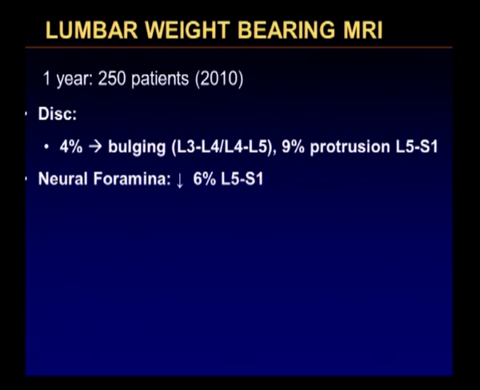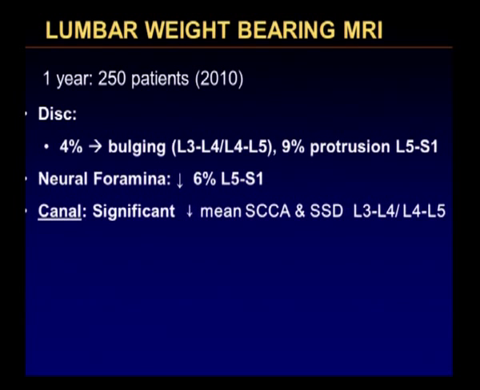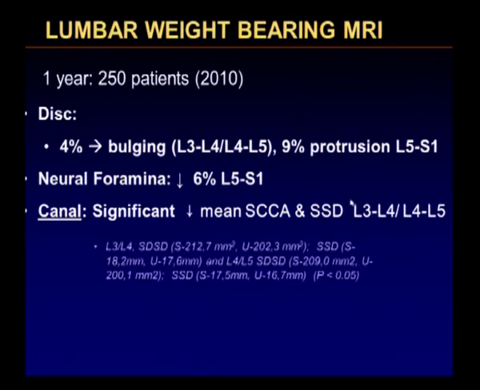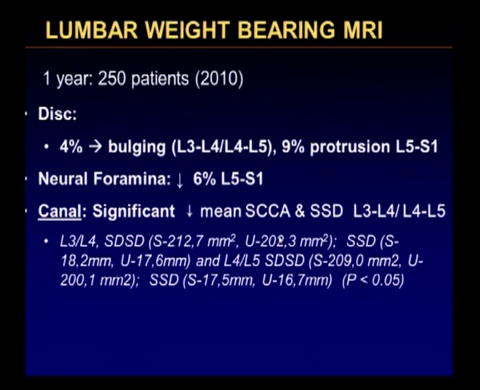The neuroforamen decreased in 6% at L5-S1, but the most significant change was in the spinal canal size. We evaluated the area, and also the sagittal diameters. The significant changes were at the levels L3-L4 and L4-L5, not at L5-S1, with different significant numbers.